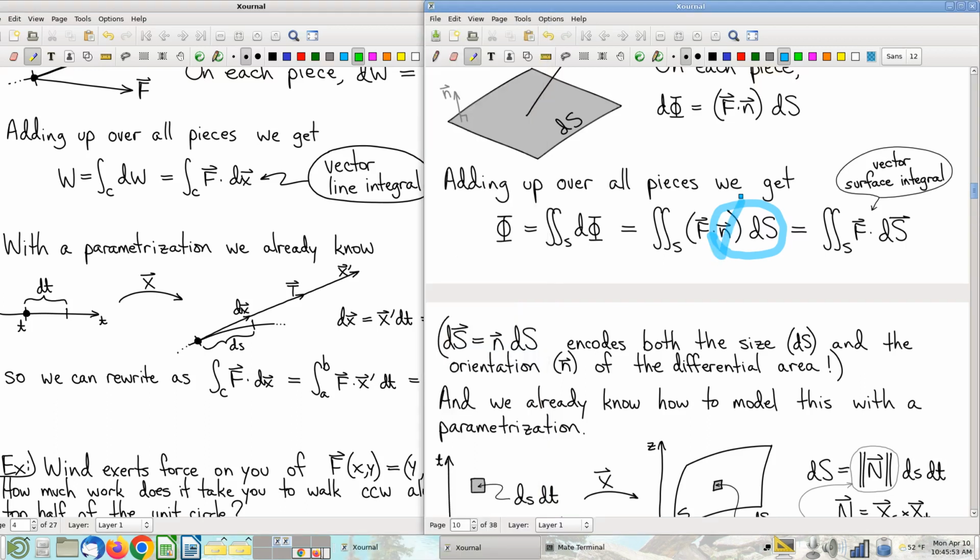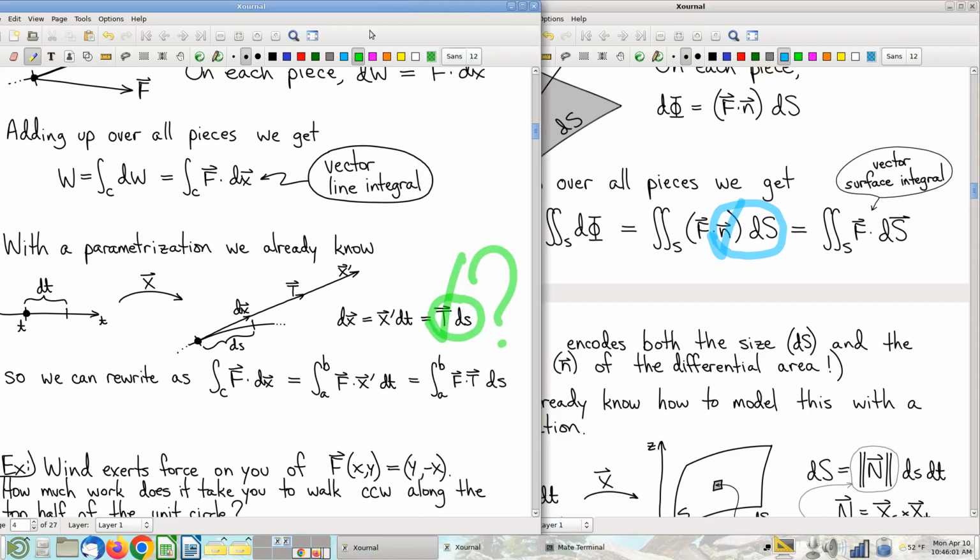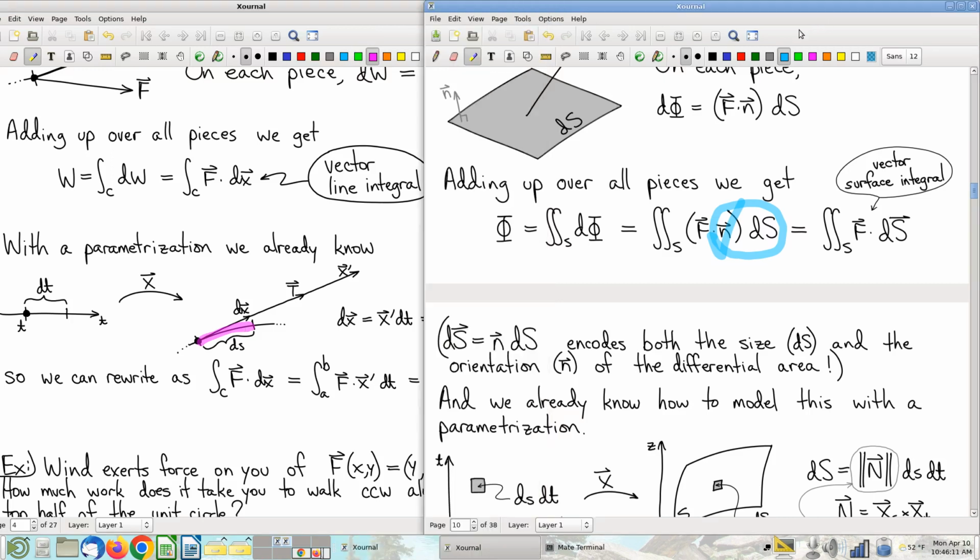What is little n? It's a unit vector describing the orientation. It's very analogous. Let's come back over to here. What is the dS here? dS represents the size of a piece of curve. What is the dS here? It represents the size, now area instead of length, of course, but it's the size of a piece of surface.